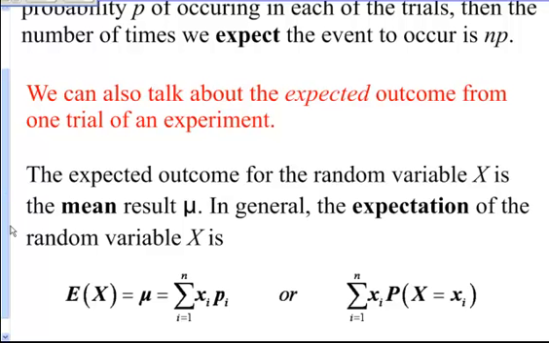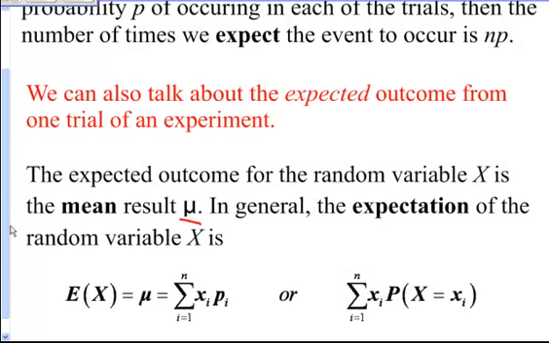And we're going to call that mean result mu. All right, in general, the expectation of the random variable x is mu, which is going to equal the sum of all n trials, okay, the sum of x with its corresponding probability.